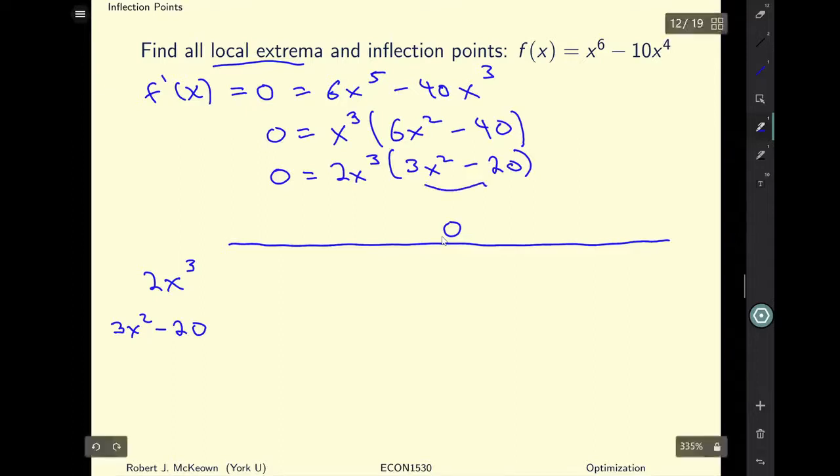What about in here? Well, if 3x squared minus 20 is equal to 0, then we have x squared equals 20 over 3, and x is going to be equal to plus or minus the square root of 20 over 3.